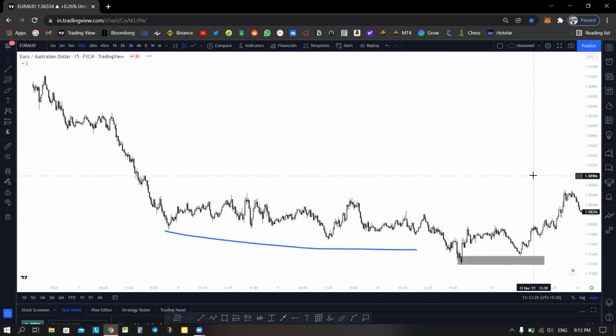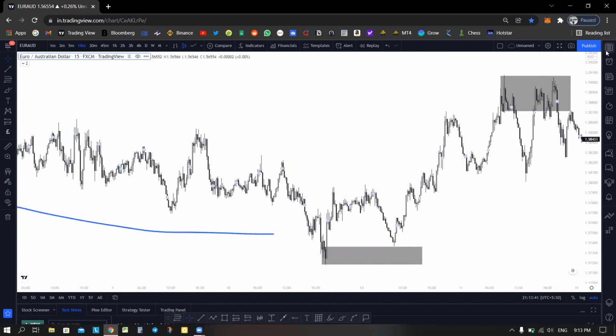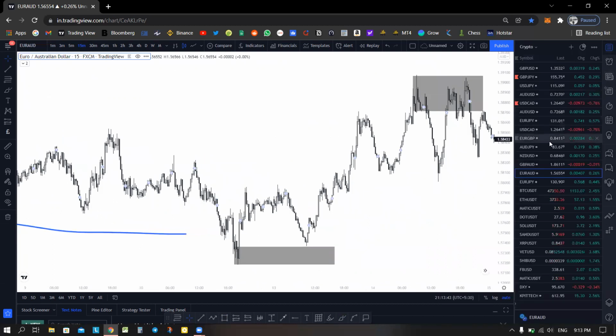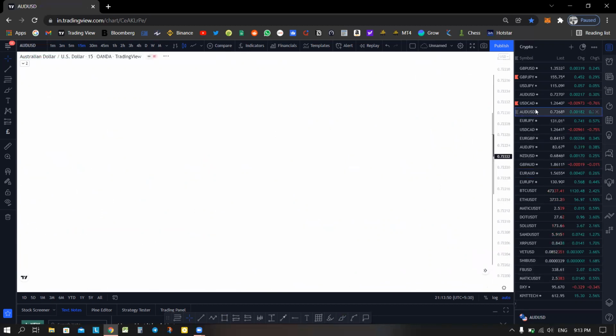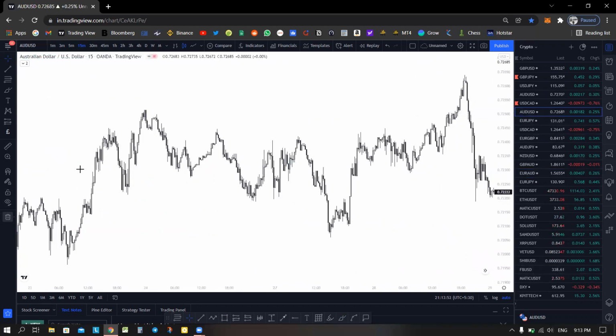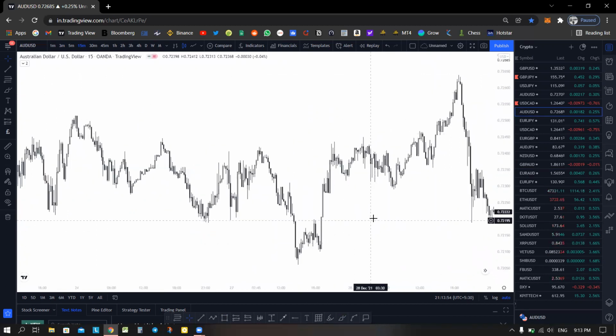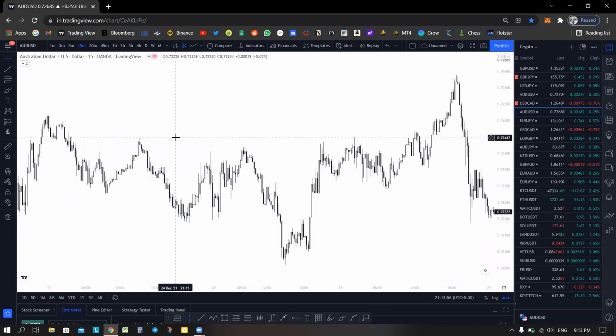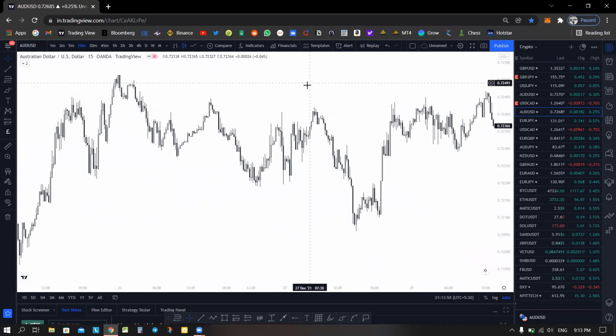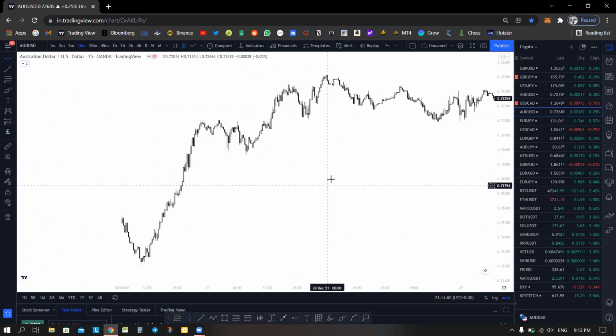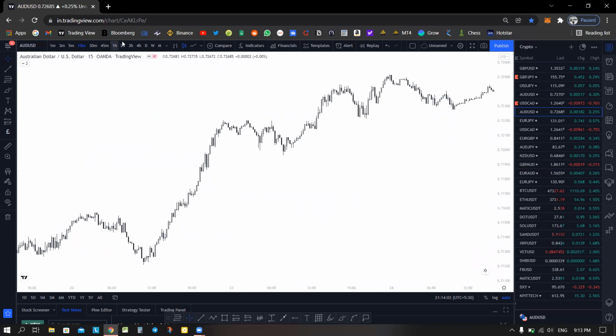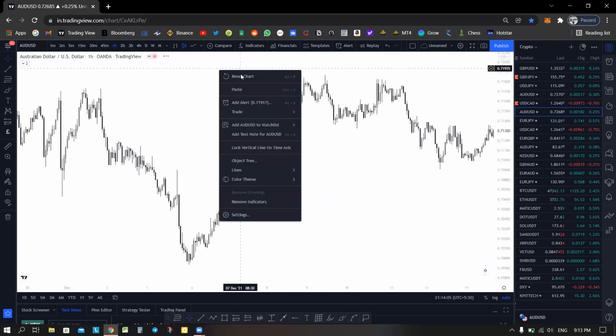So let me show you in other charts. Which one to choose? Aussie USD.